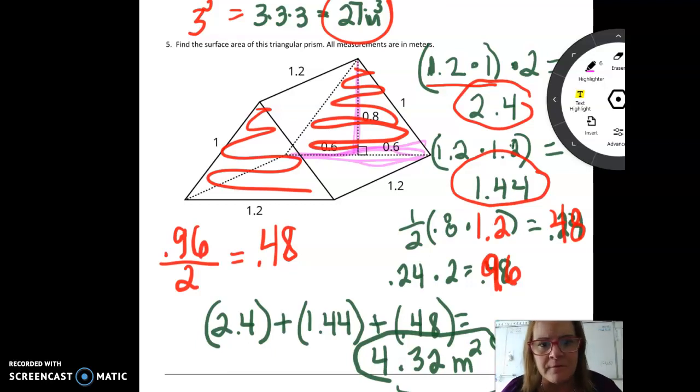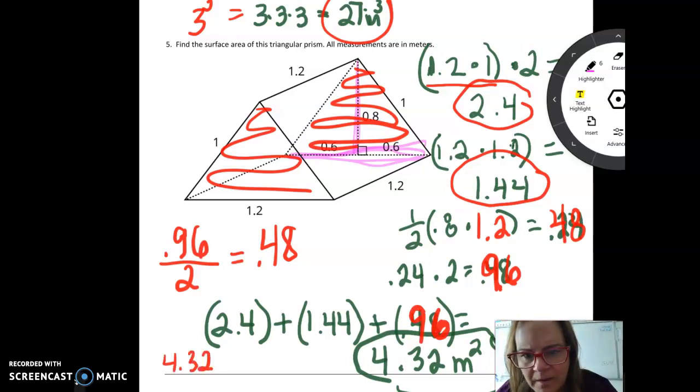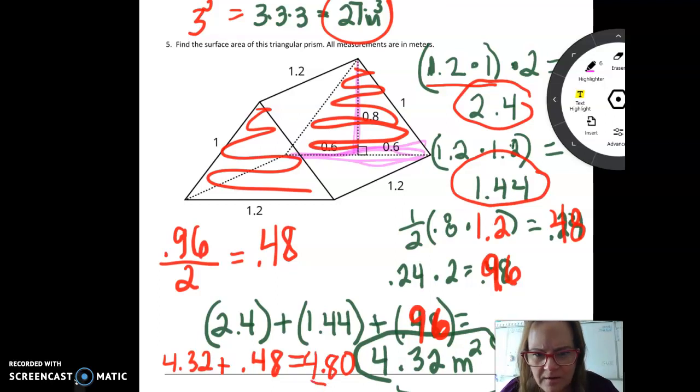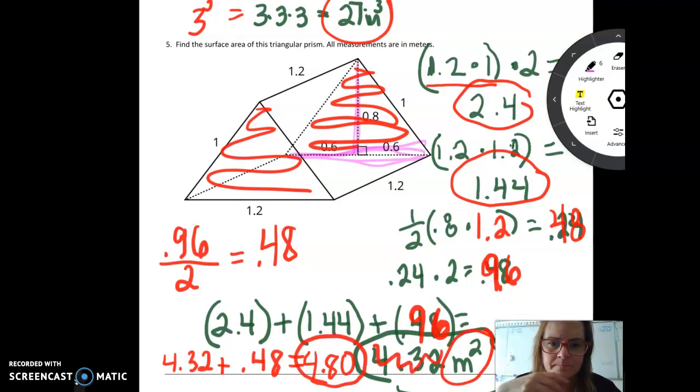And then I need to have 96/100 here. My incorrect answer is off by 48/100, so I'm just going to add that. And you should have gotten 4 and 8/10 square meters.